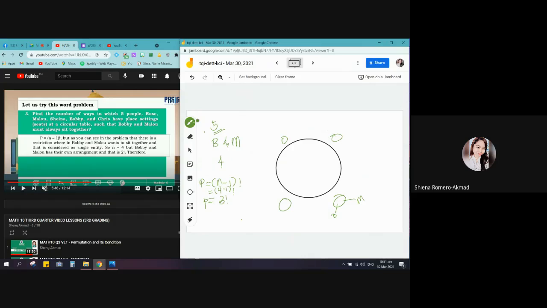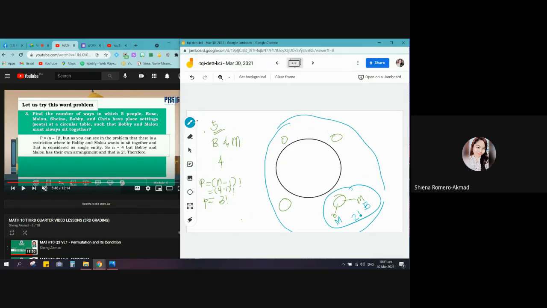Okay? So that's it. But if you look at this, they can swap. Malu can be here, or Bobby can be here. So there is an arrangement as a whole, and there is also an arrangement between the two of them, because they can change positions. Their own arrangement, we can represent as 2 factorial. Okay?